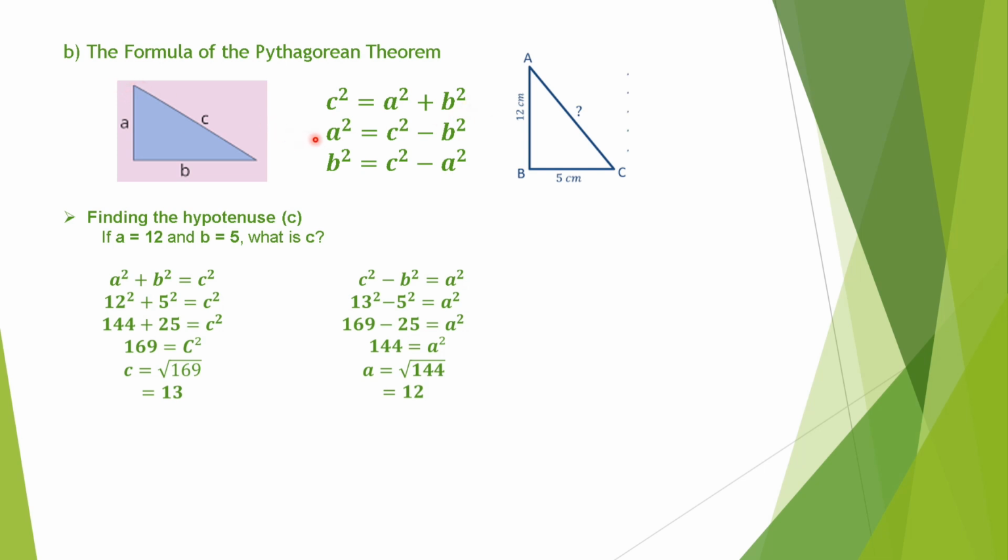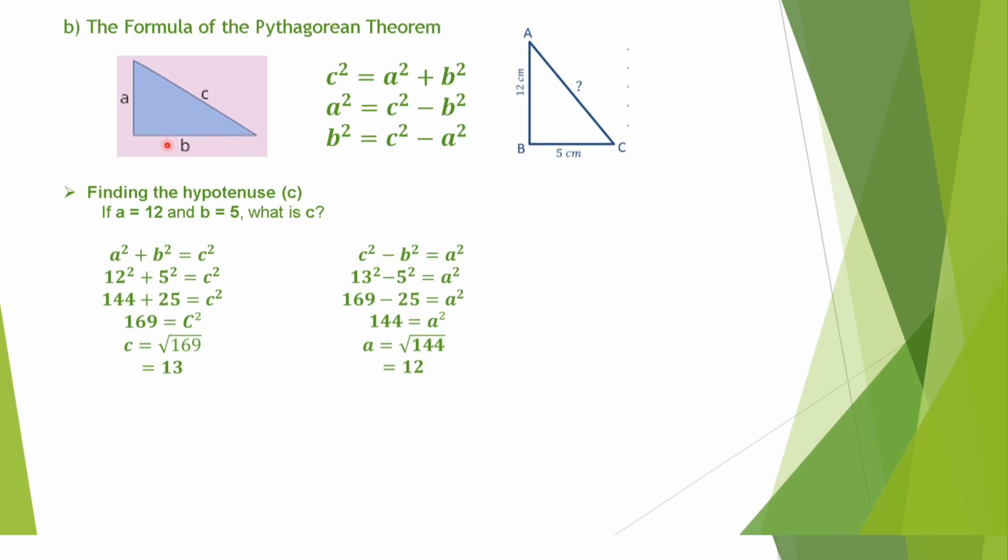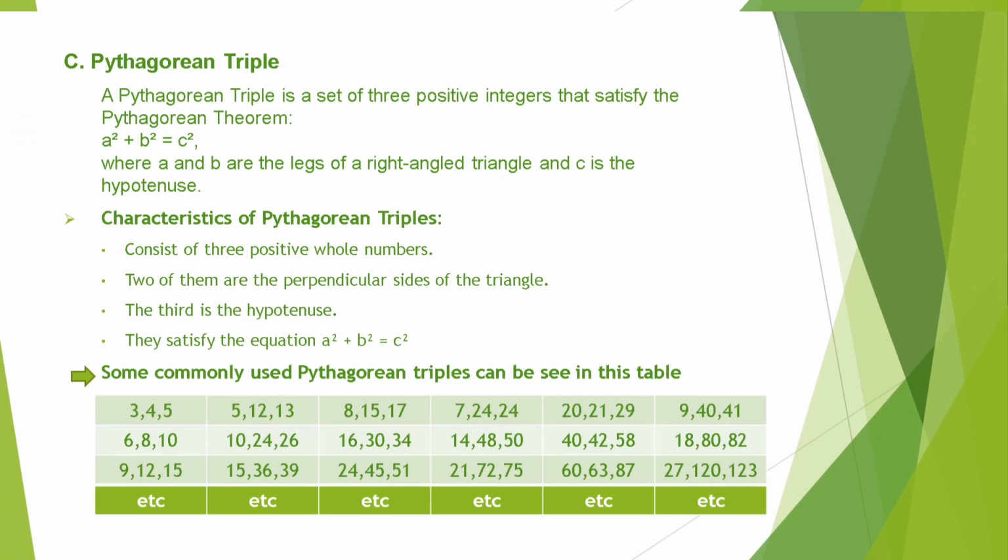If a equals 12 and b equals 5, what is c? Friends, you can see how to do it by looking at the example I made, and the example next to it shows how to do it. The question is about a quadrat.